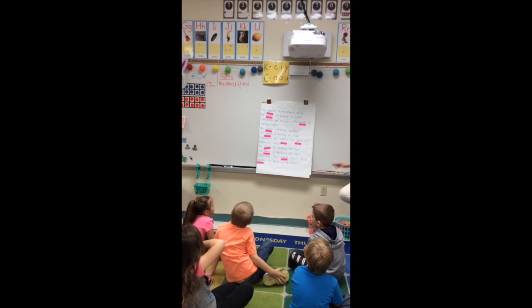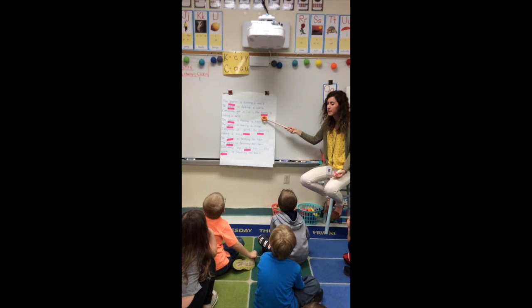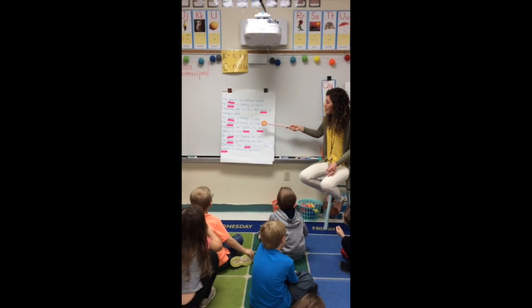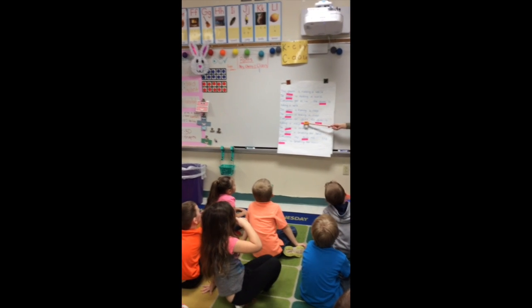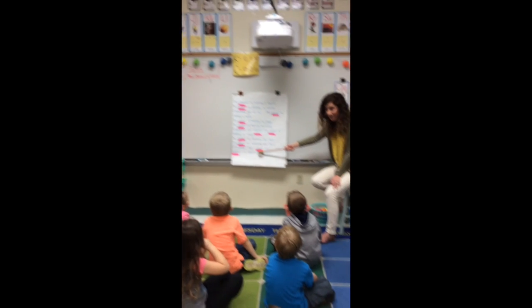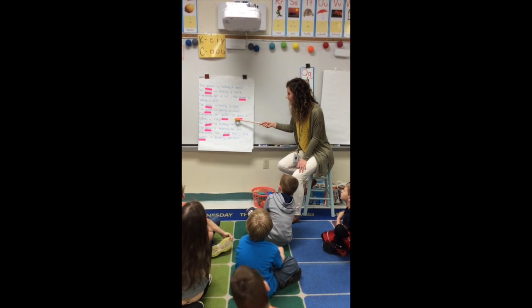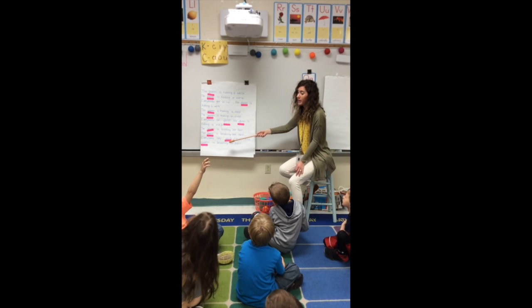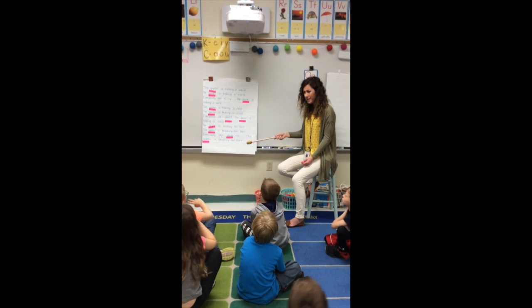Okay. All right. I want to know, what do you notice about all these words? Now, a lot of these words is the same word, queen. But some of them are different. This word is quiet. This word is quite. This word is queen. What do you notice about these words that's the same? We know they all start with what? Q. But what else do they start with?